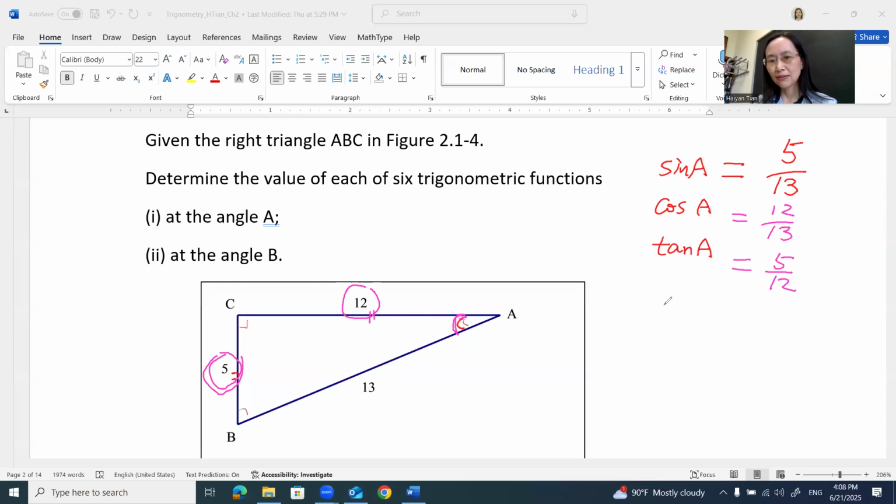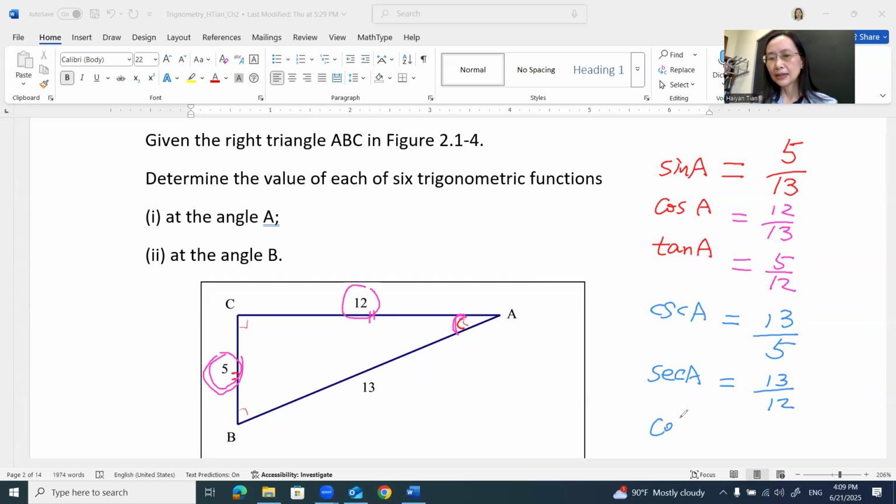So next one, we can do the cosecant. Cosecant A is hypotenuse over the side opposite A. So hypotenuse is 13 over 5. 5 is the side opposite the angle A. Next one, secant. Hypotenuse over the side adjacent to A, which is 12.